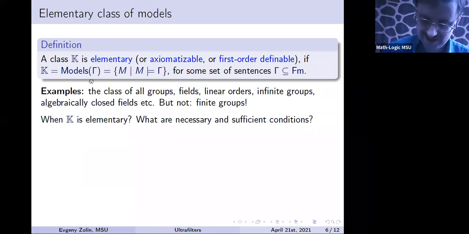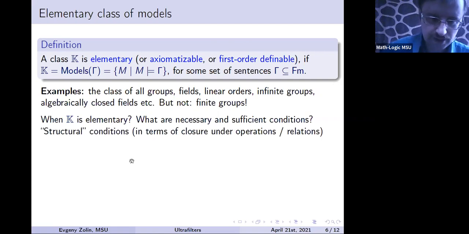And this will be the theorem that we want. So the conditions are in some sense structural conditions. We need to say that this class, or its complement, the class of models that are not in K, is closed under some operations or relations. This is what we are looking for.